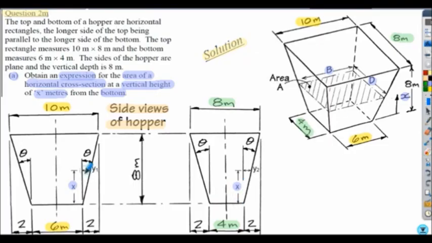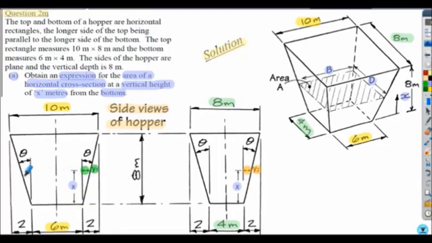Notice this dimension here is labelled as y1 and this dimension here y2. What our aim is here is to have an expression that allows us to calculate the width of the side at any position of x. Taking the left hand diagram, the base of the hopper is 6 meters, the top of the hopper is 10 meters.